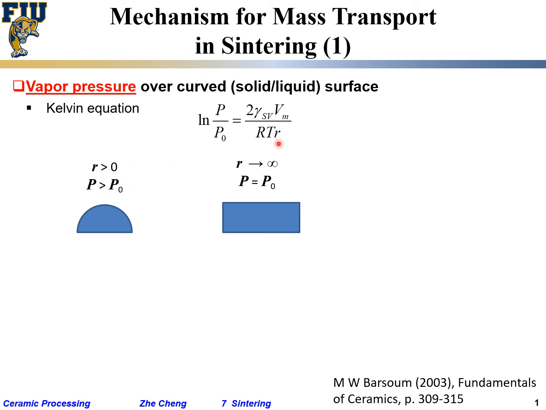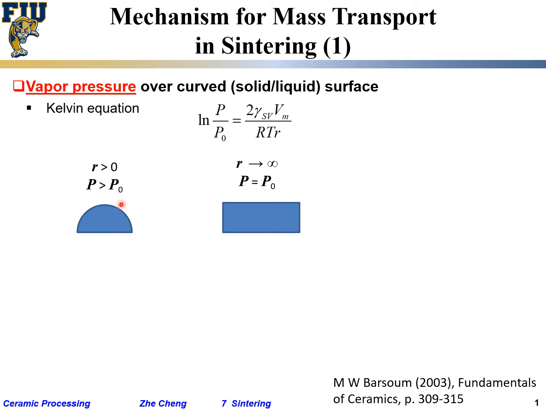Based on this equation, if the radius of curvature is positive, the whole right side would be positive, which means your pressure over a curved surface would be somewhat higher than when it is flat. And how much higher depends on how curved you are.